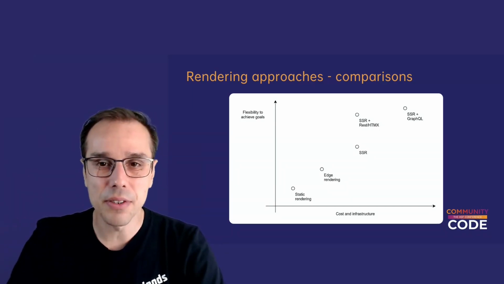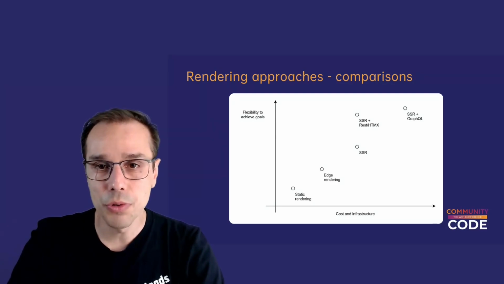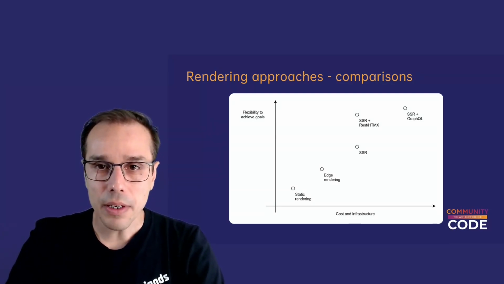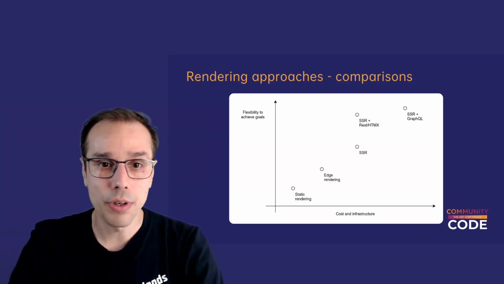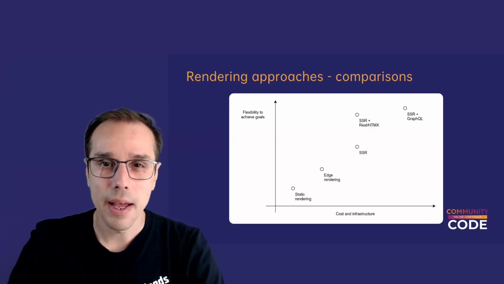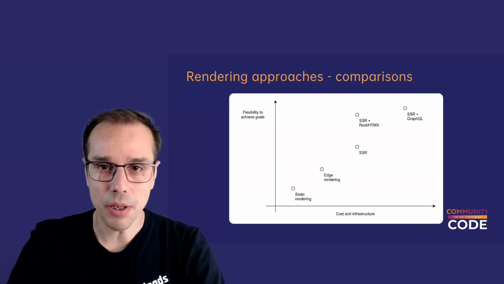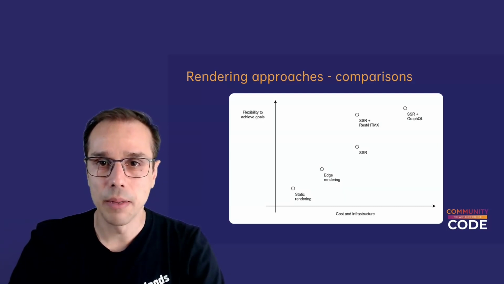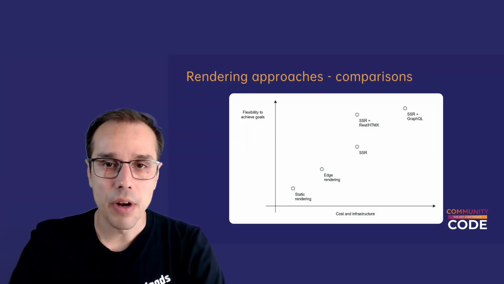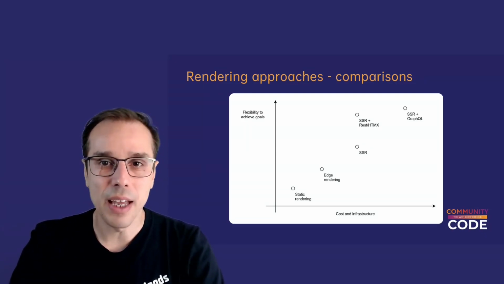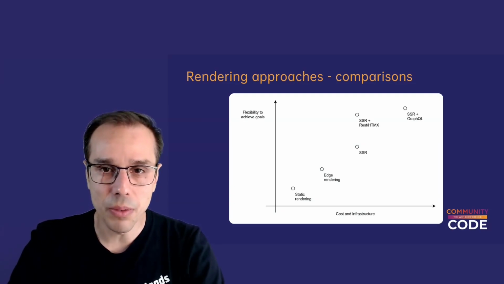At the same time, it is not as flexible as the other approaches. Edge rendering is obviously something that we need more infrastructure and/or cost for, but also has a lot more flexibility. We have different systems running. They get composed at the edge, and we can have different life cycles. We can vary content, access policies, etc.